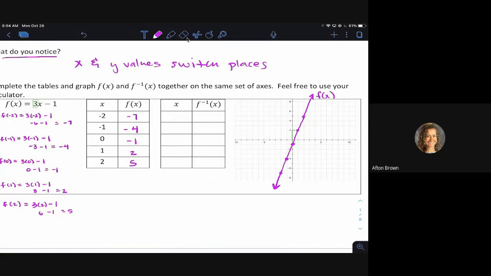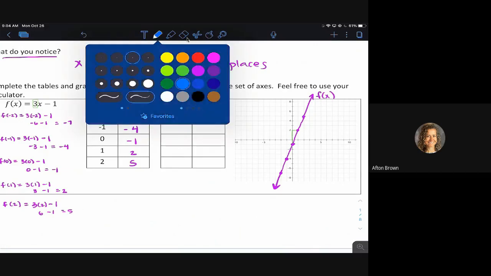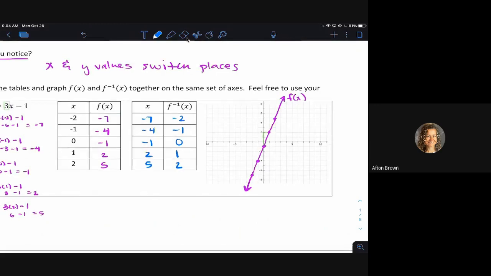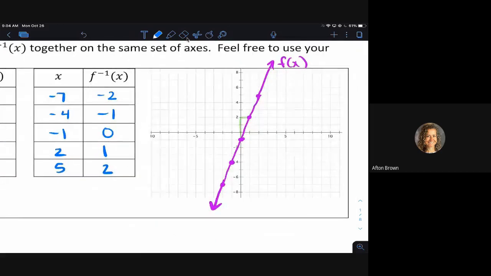Then I want to graph the inverse function. Well, in the table, so for me, I can change color, so I'll change color. So the inverse, what do I do to get the inverse table? Good, we just switch them, right? We just switch the x and y places. So it will be -7, -2, -4, -1, and so on. Not bad. Then we come over to the graph and we want to plot those points. So I'm going to go to where x is -7. So -7 is back here, down 2, and I'll plot a point.